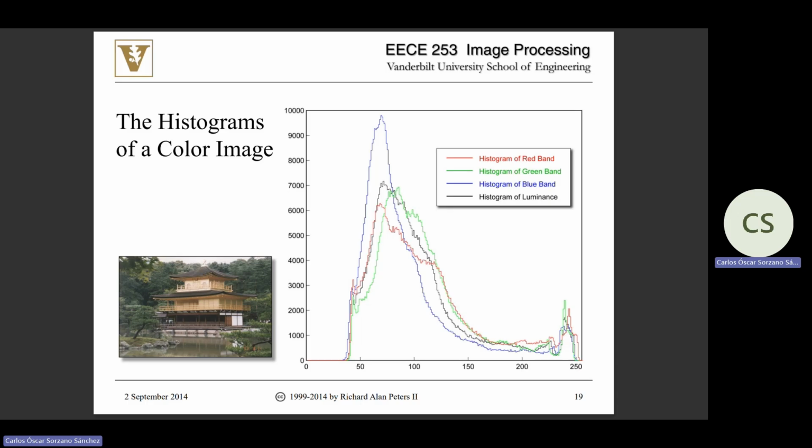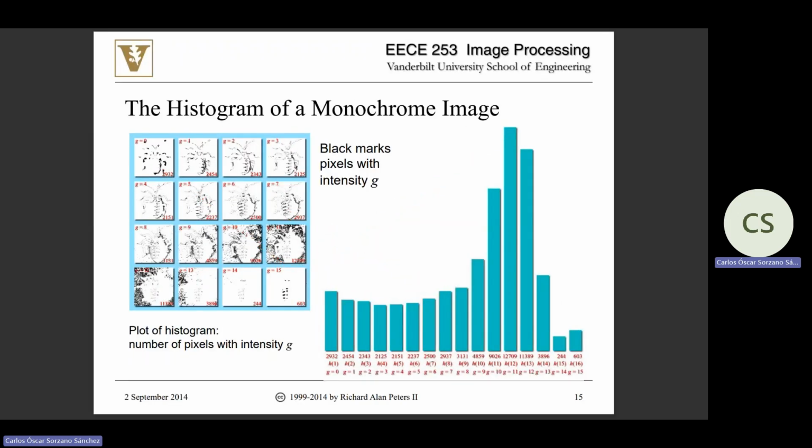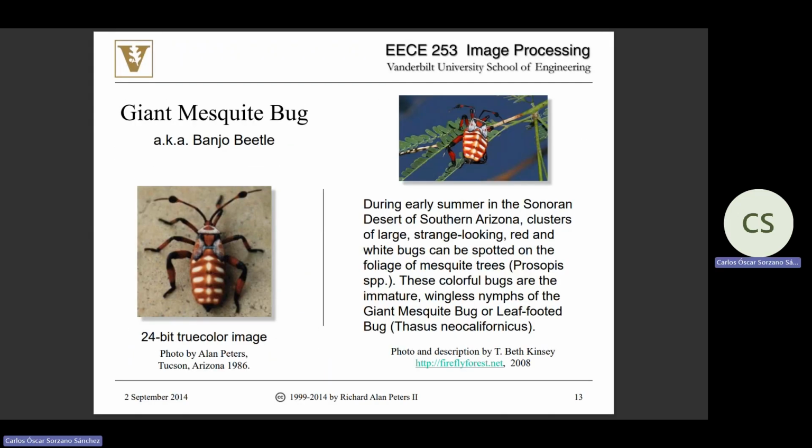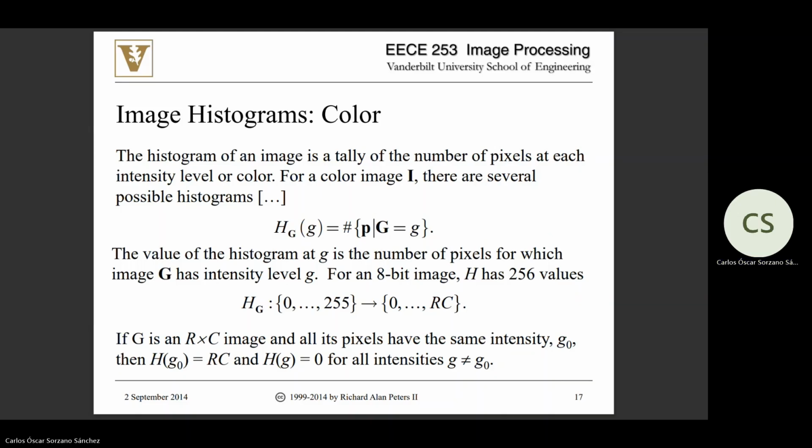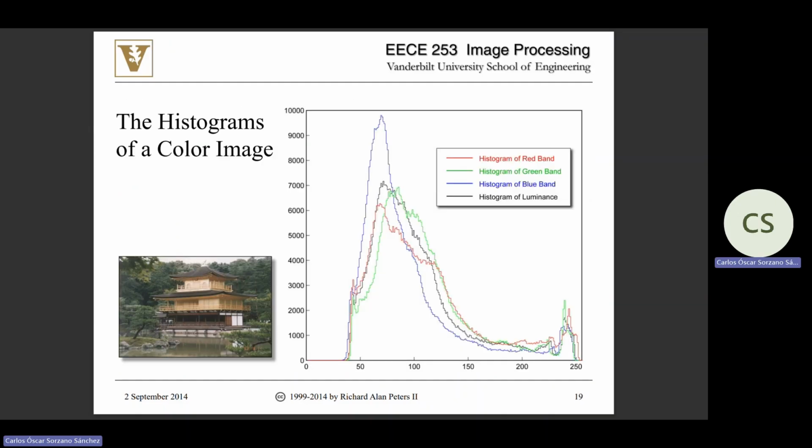So these are our 3 histograms, and then you can also do something else, that is you can turn your image into a gray value image, like black and white as we did here. So this was a color image, but you can compute something that is black and white, like this one. And then you can compute the histogram of that gray value image, and that gray value image is called here luminance.